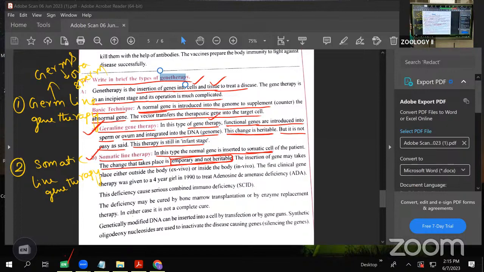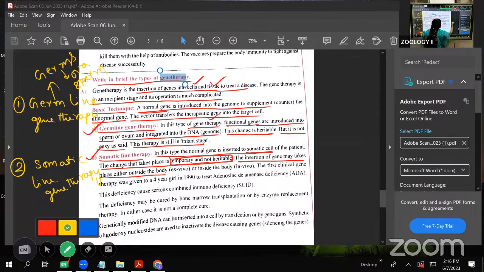Here next, the insertion of the gene may take place either outside of the body. Outside of the body means in the lab, we are giving the genes to the somatic cells, that we call ex vivo.